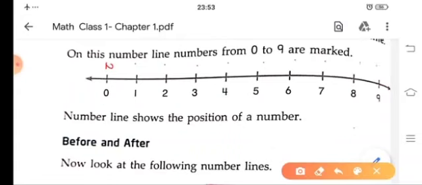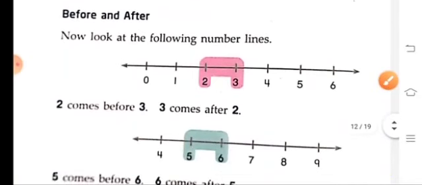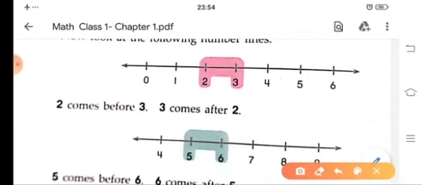Now look at the number line, children, for before and after. 2 and 3 are there on the number line. So which number is present before 3? That is 2. And which number is present after 2? That is 3.